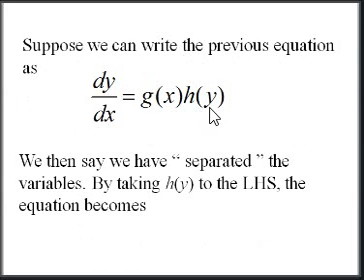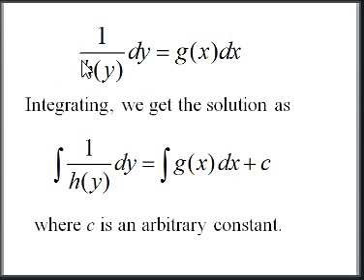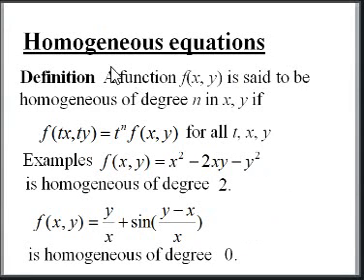Suppose we can write the previous equation as dy/dx = g(x)h(y). We then say we have separated the variables by taking h(y) to the left-hand side. The equation becomes 1/h(y) dy = g(x) dx. Integrating, we get the solution, where c is an arbitrary constant.